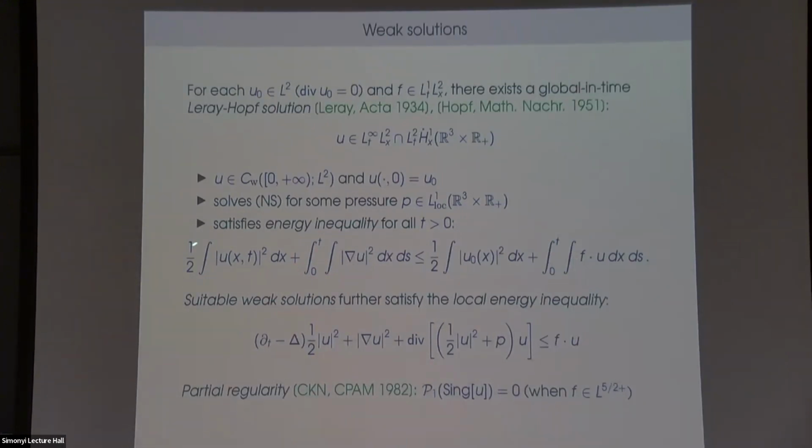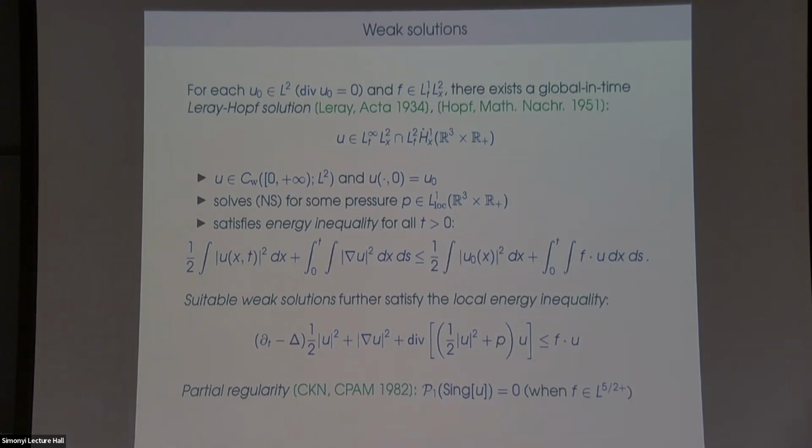So this quantity on the left-hand side is a priori controlled. And the guarantee is that u is controlled in this function space, L infinity in time L^2 in x, intersect L^2 in time H dot 1 in x. This dot means we're just measuring gradient u in L^2. So these weak solutions satisfy this energy inequality.